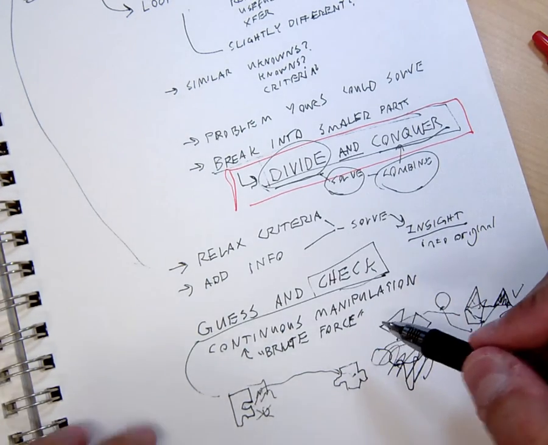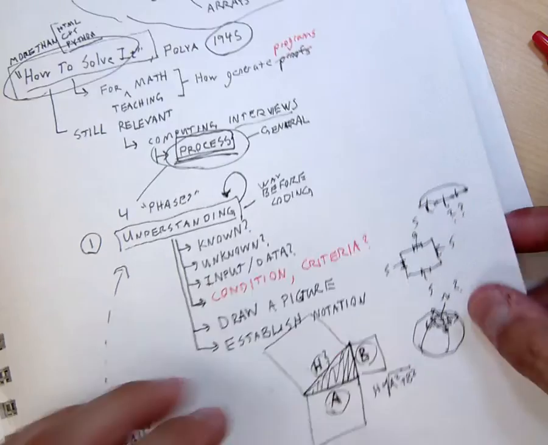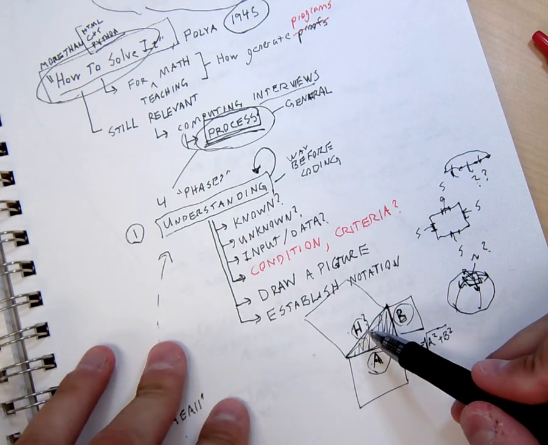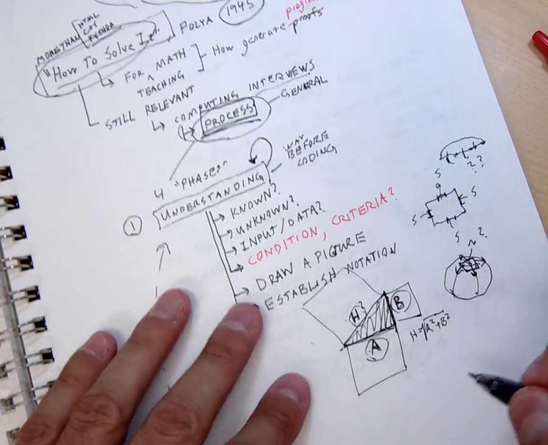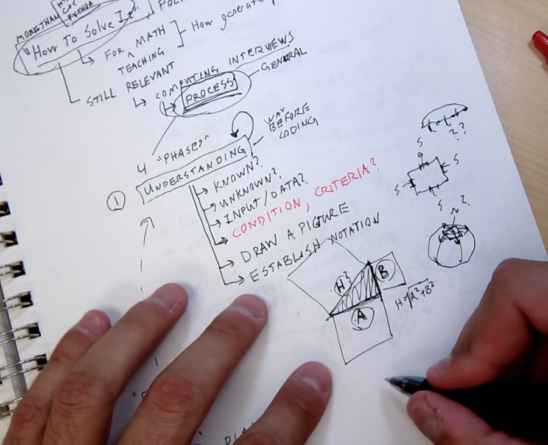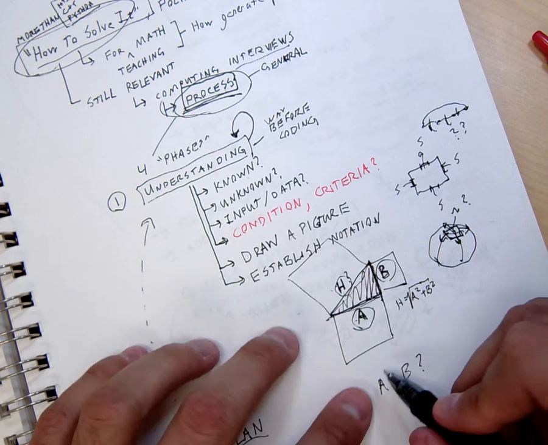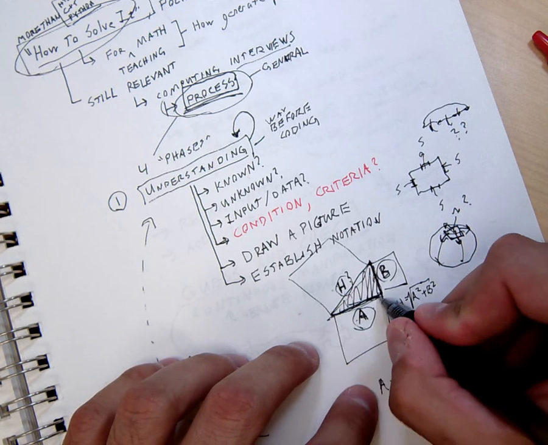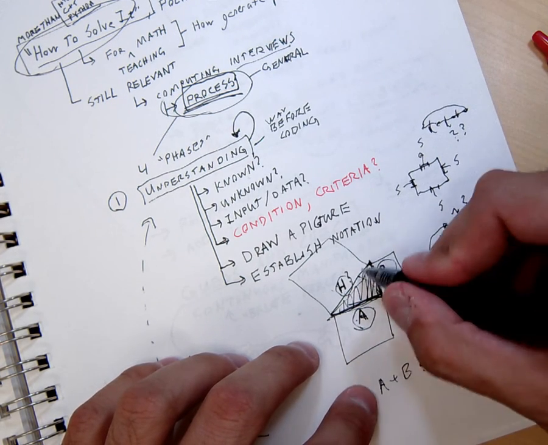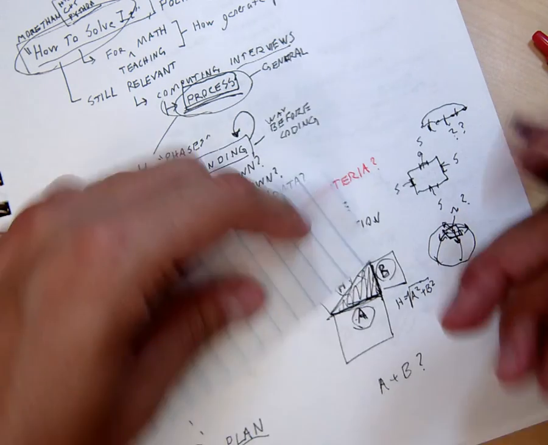So, for instance, if I didn't know what the hypotenuse was, I could see that it's longer than A and longer than B, so I could generate some guesses. Is the hypotenuse A plus B? I could check it with a ruler. There's A, and if I roll that up and add B, I don't have a good ruler, but you know how it's going to turn out. So you can check it pretty easily.